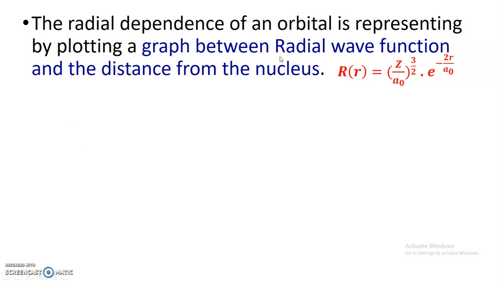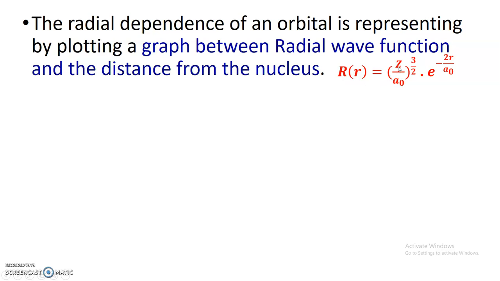The radial dependence of an orbital is represented by plotting a graph between radial wave function and the distance from the nucleus, that is r, and this is the formula for radial wave function.